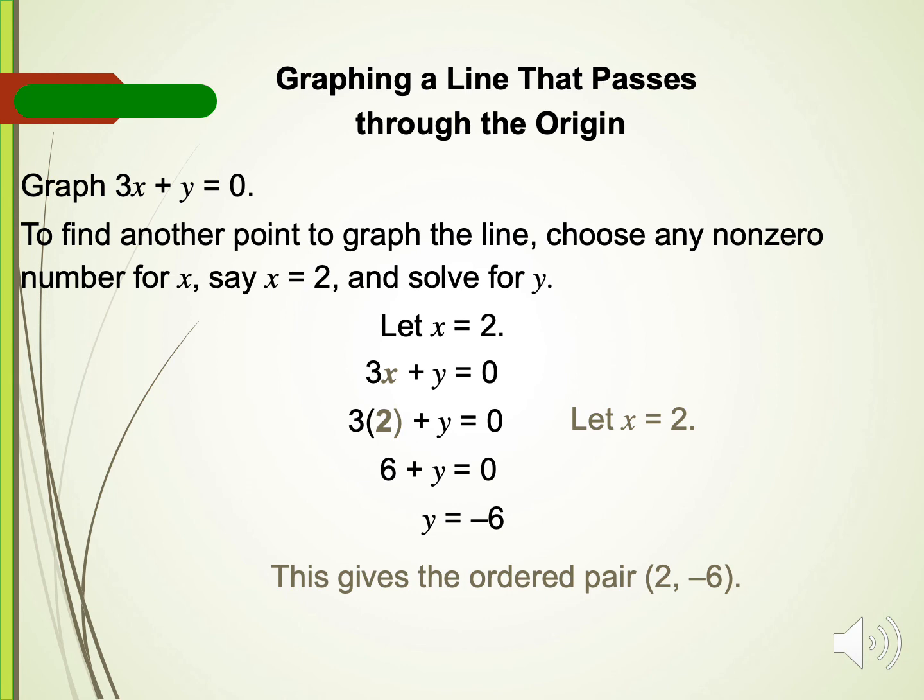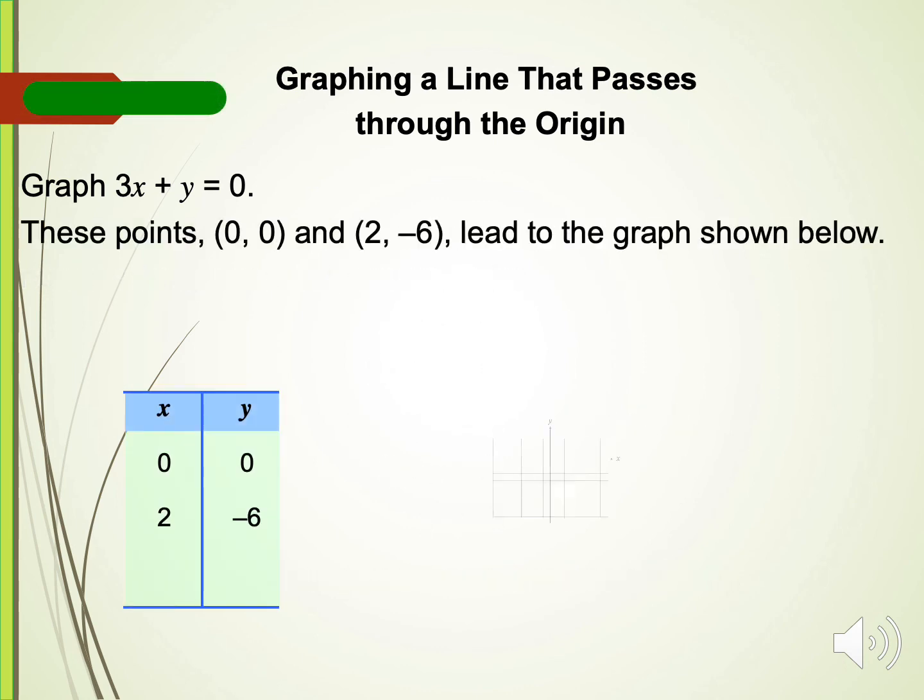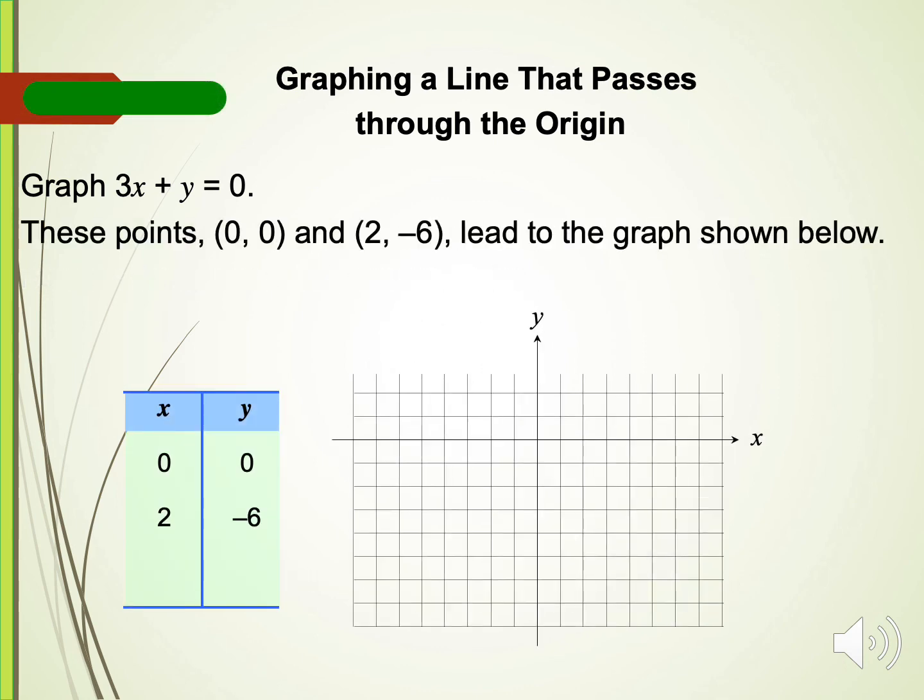So we already have the origin, the 0, 0, so we can graph it on the Cartesian plane or in the rectangular coordinate system. So we have the first point 0, 0, the x and the y intercept, and the next point, 2, negative 6. So that is the second point. So drawing a line that passes through the points, we have the graph now of the equation 3x plus y equals 0.